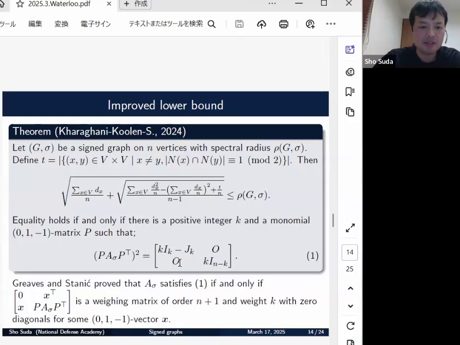The 1-2 and 2-1 blocks are zero matrices, and the 2-2 block is k times the identity matrix of order n minus k.